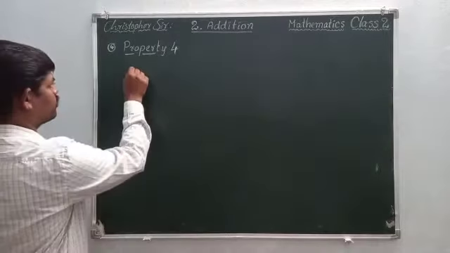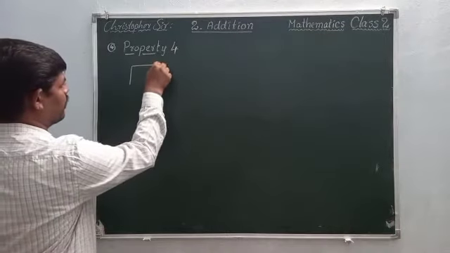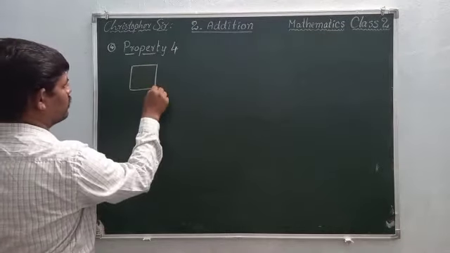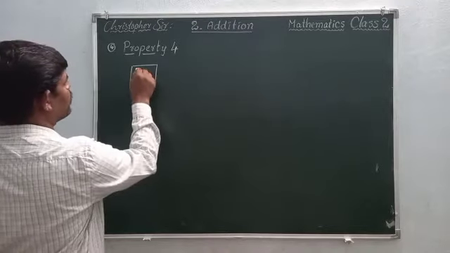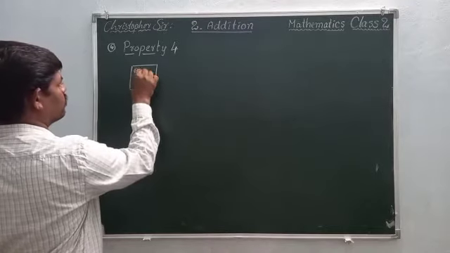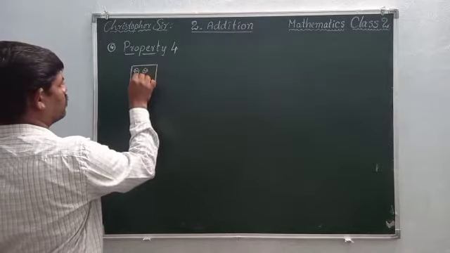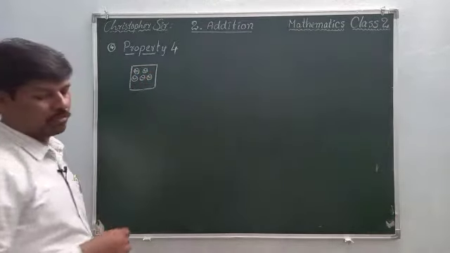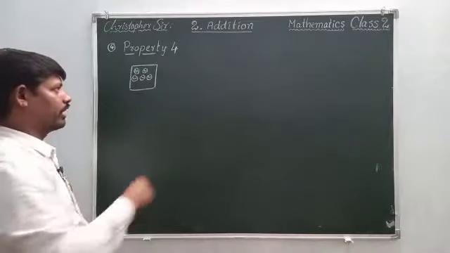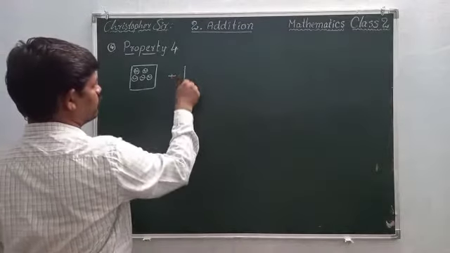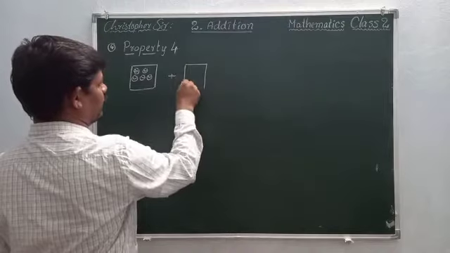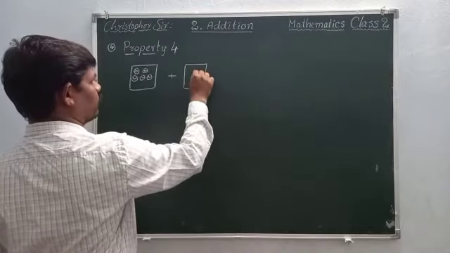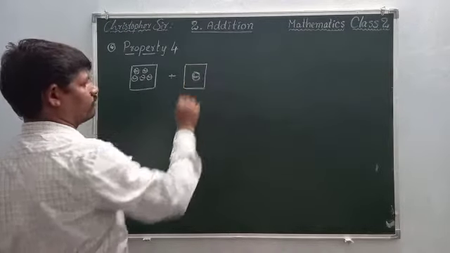Property 4. So here we have 2 boxes again. In this first box we have 5 balls. How many? 5. Plus another box, here we have only 1 ball.